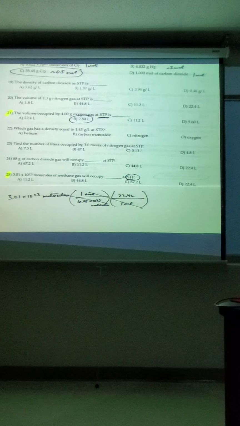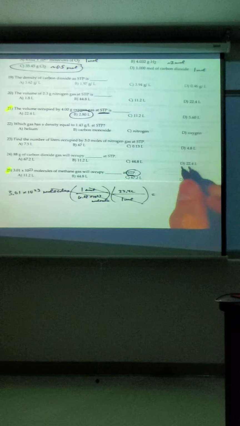We can use the magic number directly because it's at STP. So 3.01 times 10 to the 23rd divided by 6.02 times 10 to the 23rd, times 22.4, and we get 11.2 because we had 3 over 6, which was really just half. So 11.2 liters.